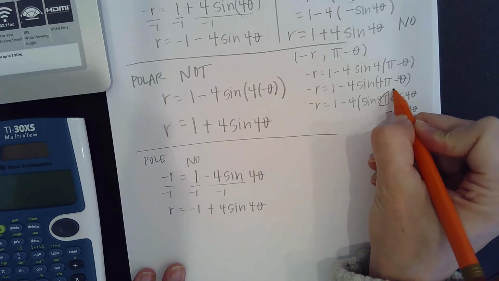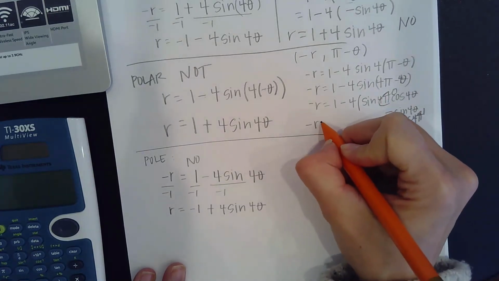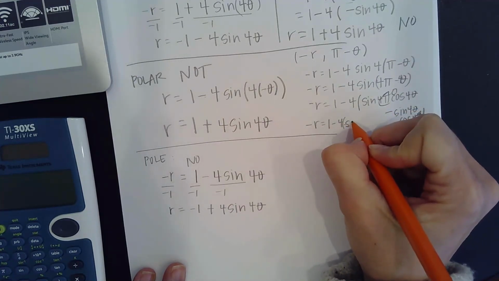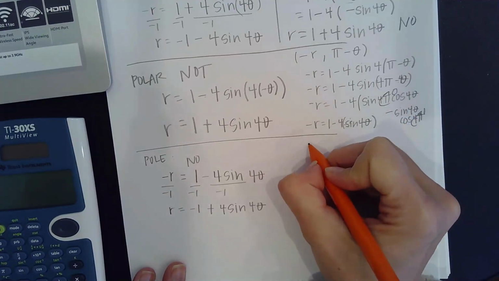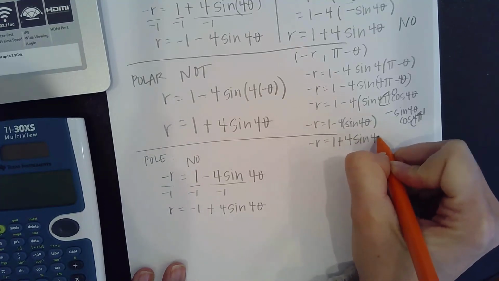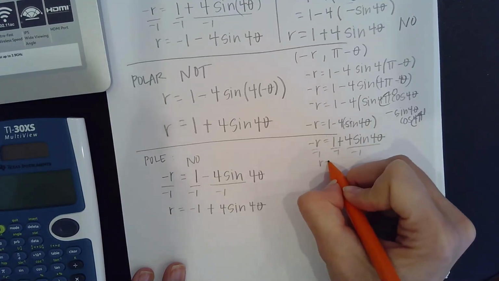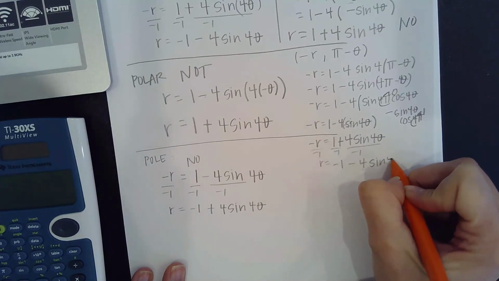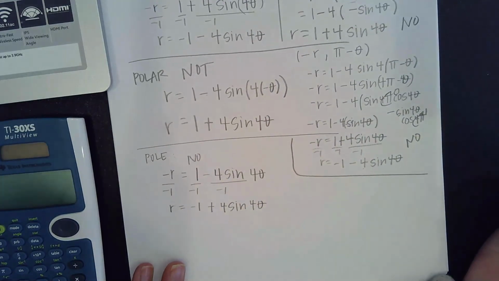Sine of 4 pi is 0. Cosine of 4 pi is 1. So this will be a negative r, 1 minus 4 negative sine of 4 theta. So this will be a negative r, 1 plus a 4 sine of 4 theta. And then we'll divide by -1. So we'll have negative, and that is not the same. Phew. So no for that one.